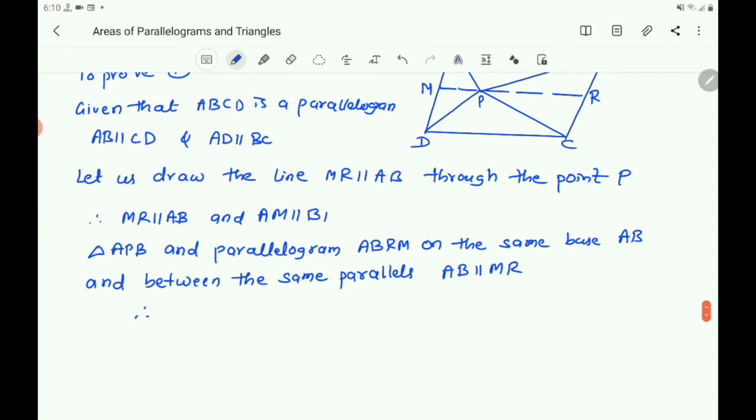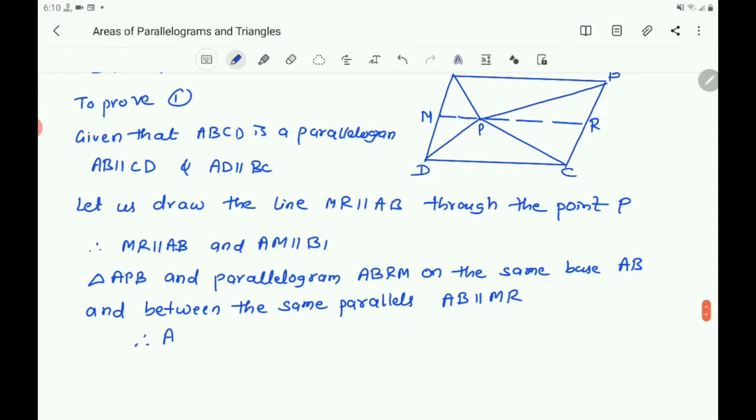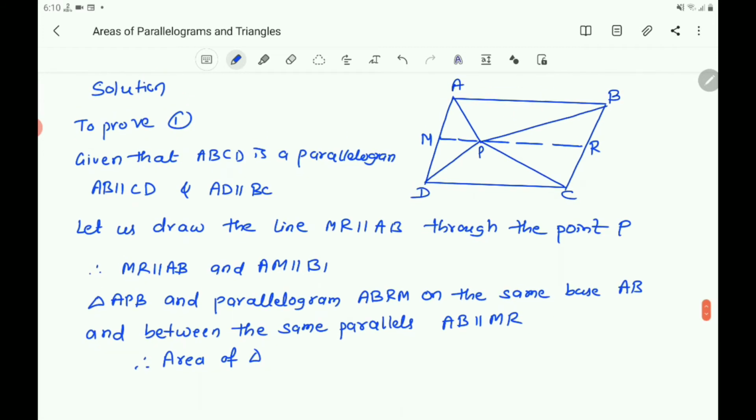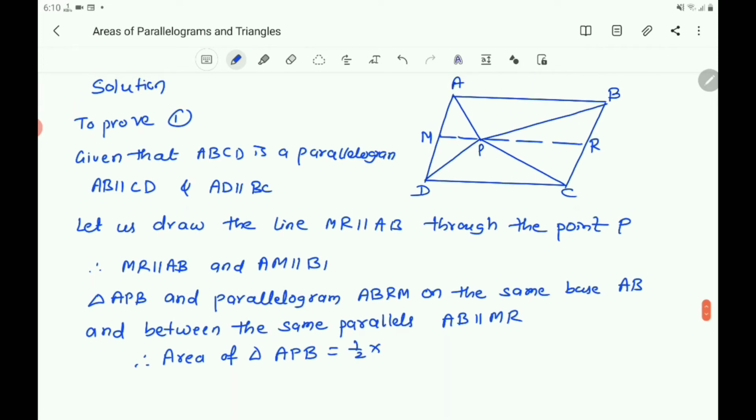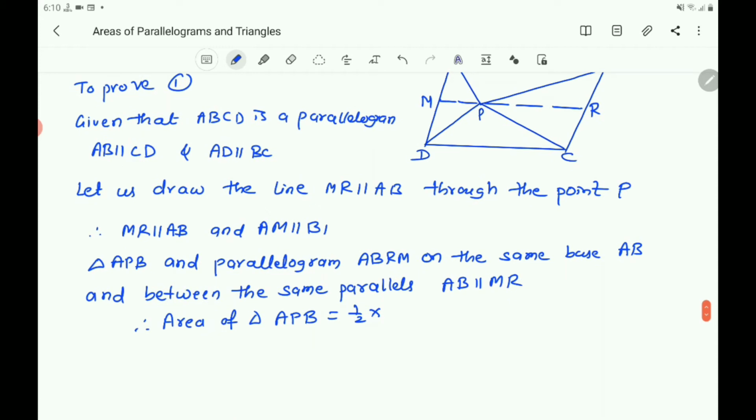Therefore, you can write that area of triangle APB equals half into area of parallelogram ABRM. You consider this is the first.